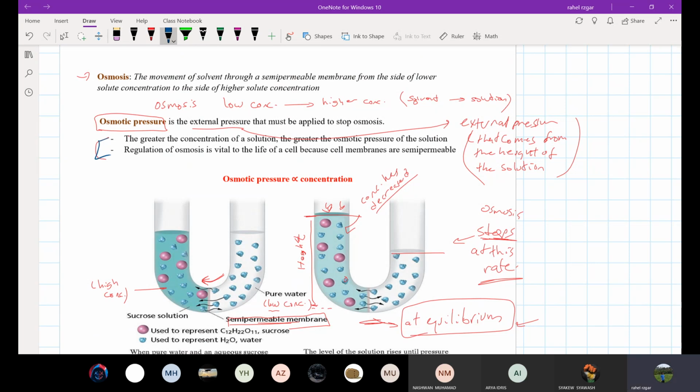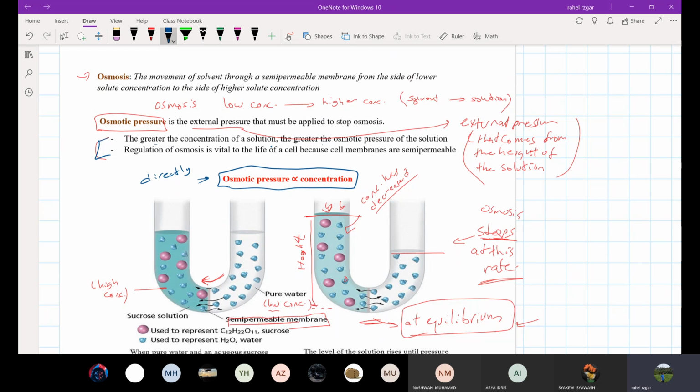The greater the concentration of the solution, the greater the osmotic pressure of the solution. What does that mean? It means the relation is direct.